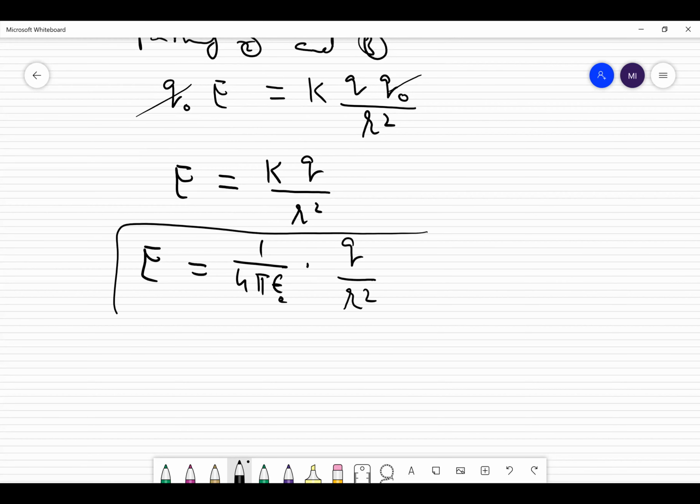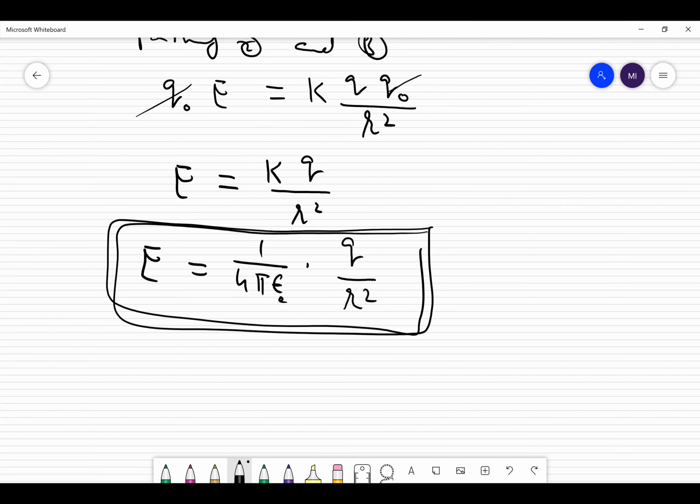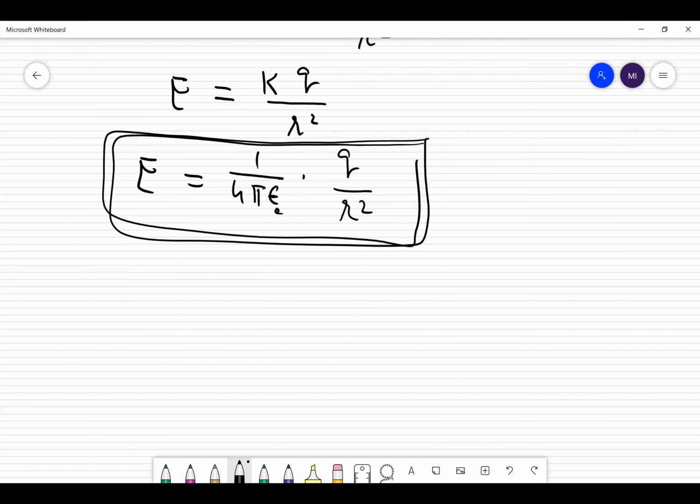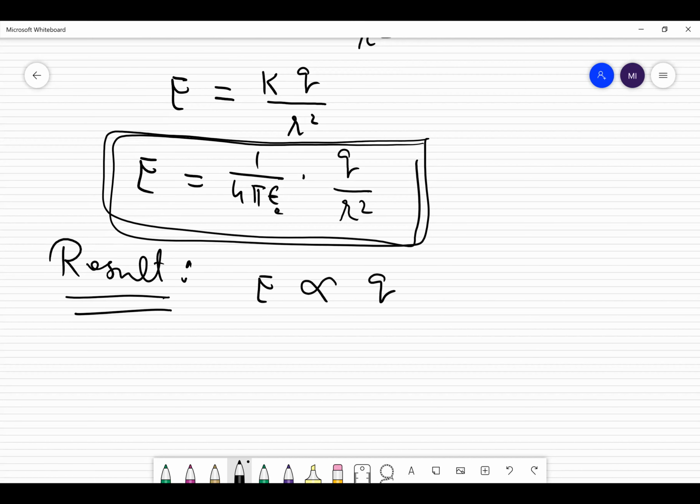This is one of the most important equations. The equation is not important by itself; the result of the equation is. The result is that E is directly proportional to Q, and E is inversely proportional to R square. Inverse square law.